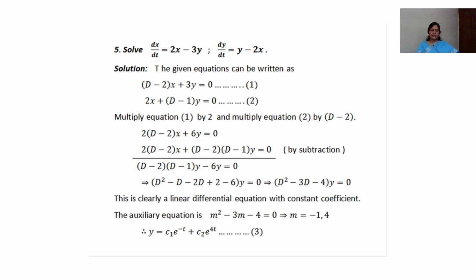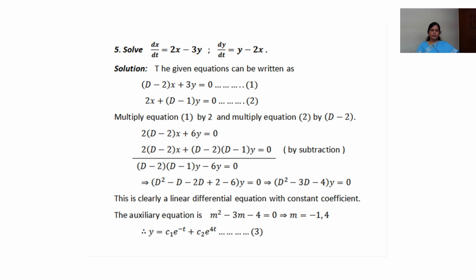From this, the auxiliary equation is m square minus 3m minus 4 is equal to 0. Then m is equal to minus 1, 4 we'll get. Here both the values are real and distinct. That's why y is equal to c1 e to the power minus t plus c2 into e to the power 4t. So we are getting the y value here.